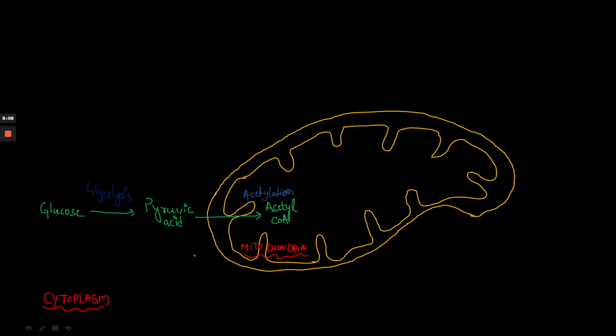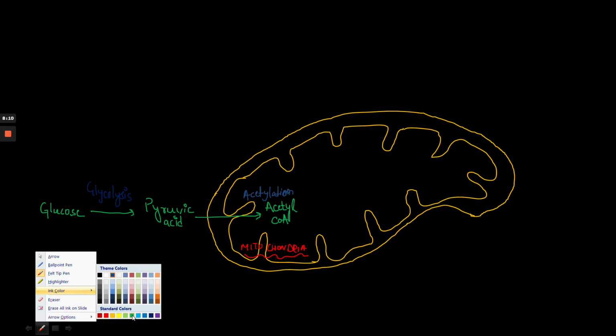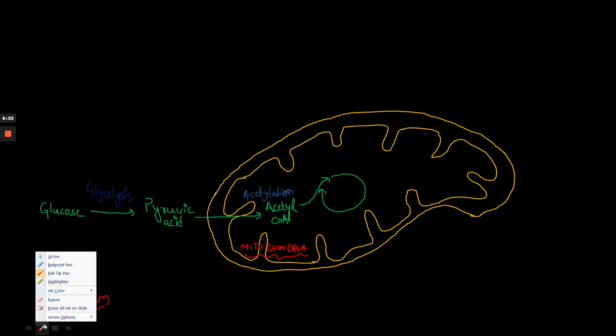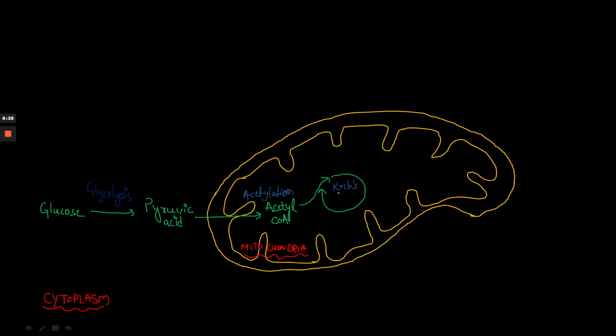Acetylation. Now once this acetyl-CoA has been formed, it is going to enter into something known as the Krebs cycle. So here the Krebs cycle is going to occur, right?